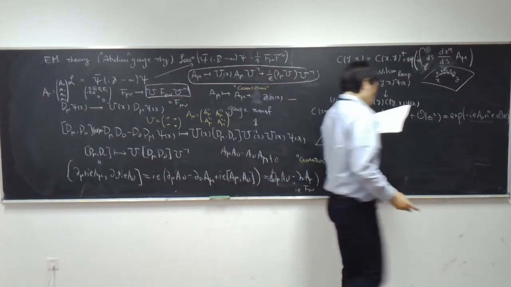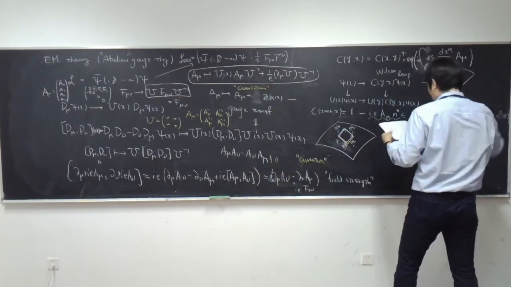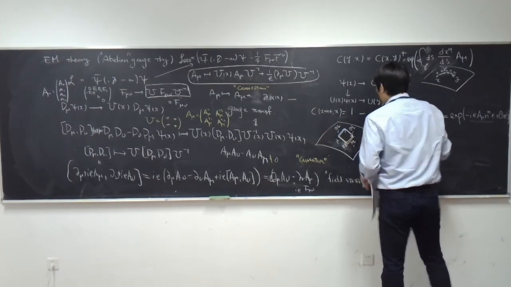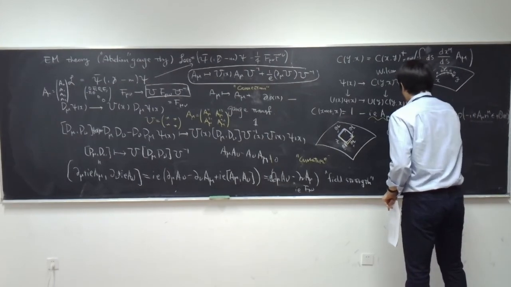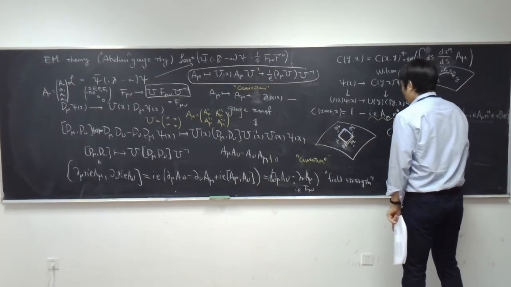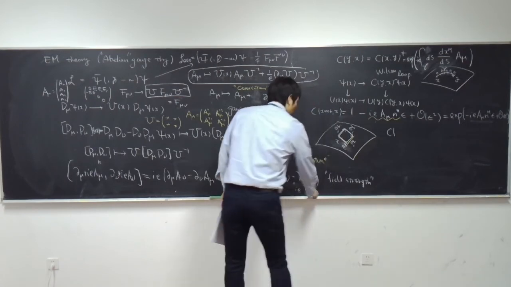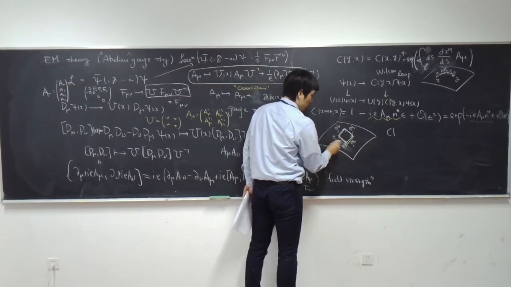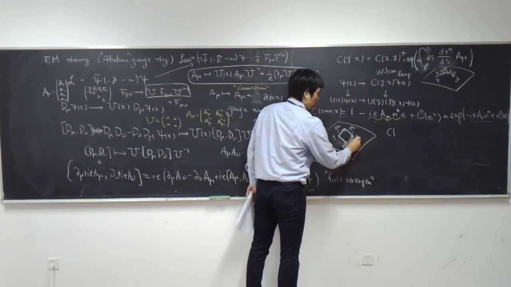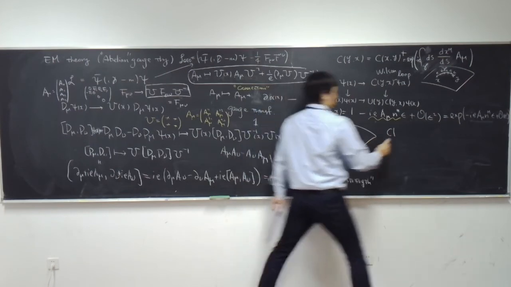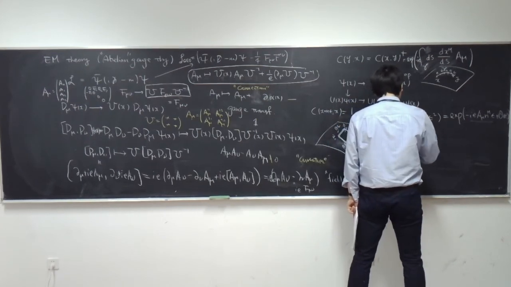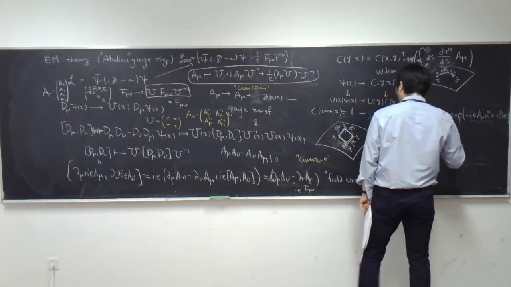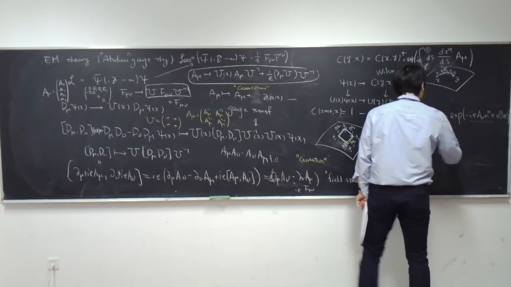Then one can do the same thing. If you try to measure the exponential of this, the gauge C, call these points x1, x2, x3, x4. I want to compute the Wilson line x1, x2, x3, x4, and back to x1.